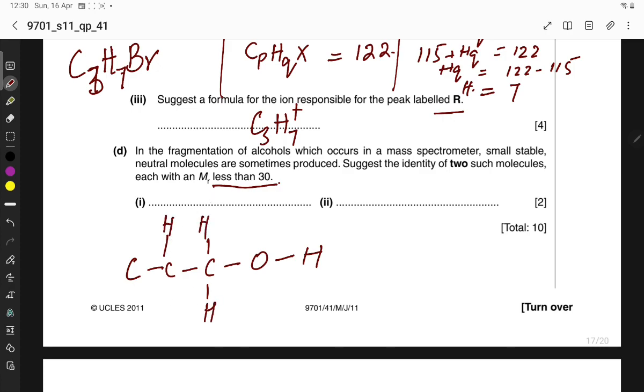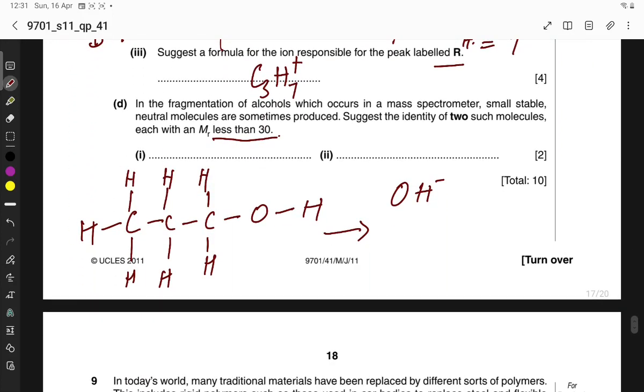There are many stable molecules which can be lost from this compound by fragmentation. OH negative ions cannot be detected on the mass spectrum, so this can be lost.